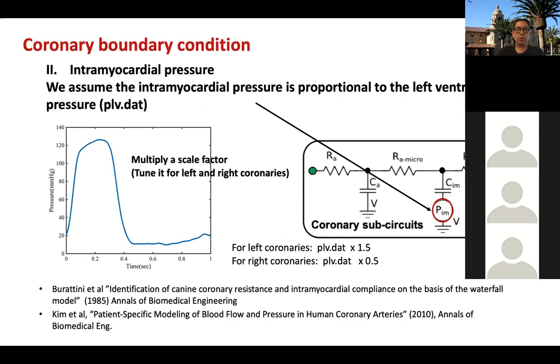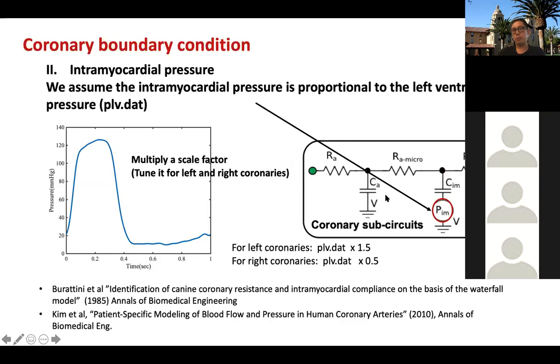The last thing you want to prescribe is the intramyocardial pressure, and this is actually the key part of the coronary artery boundary condition. Without the intramyocardial pressure, this is just a simple RCRCR circuit, and you wouldn't expect any out of phase behavior in the resulting simulation data.